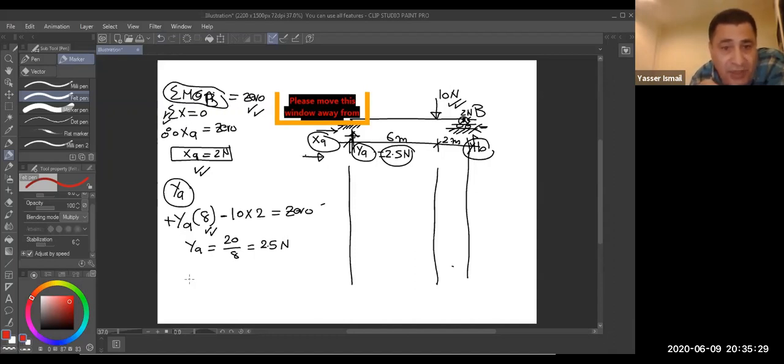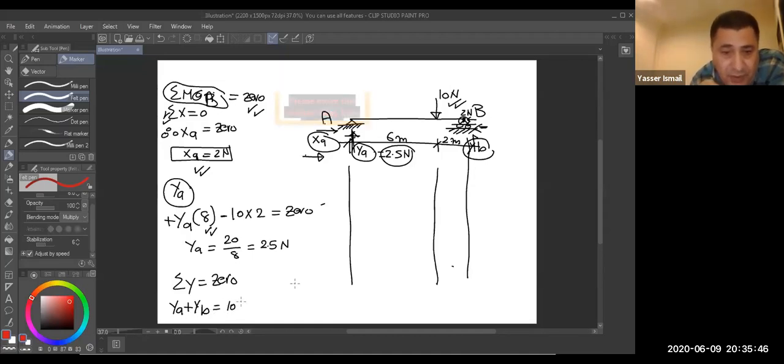The third equation is sigma y equals 0. Means what? Means YA plus YB should be equal to 10. Very good. I have YA equal to 2.5.